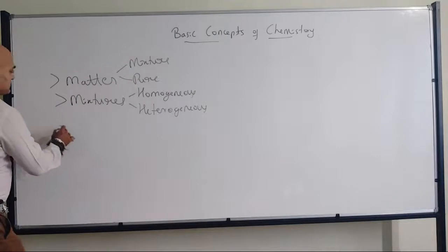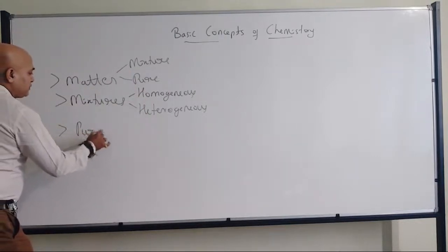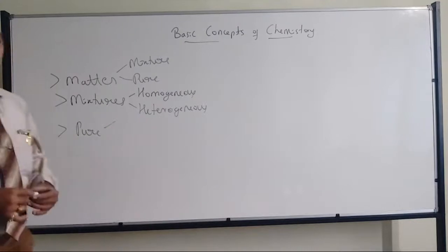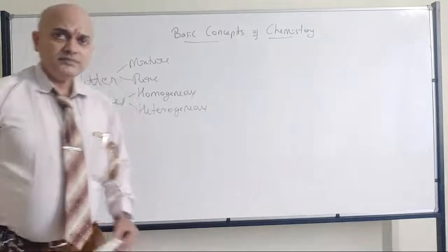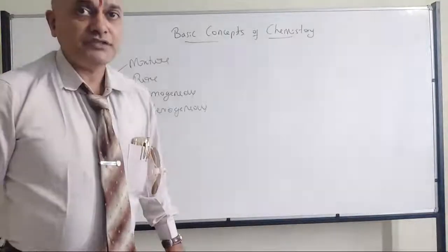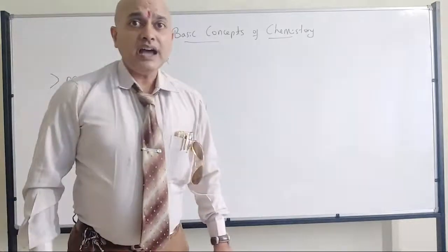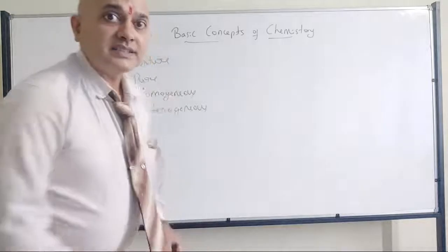So if I take mixture, we have written, then when it comes to pure form, which are those categories which we have discussed in the last class? Any one of you? Yes, very good.